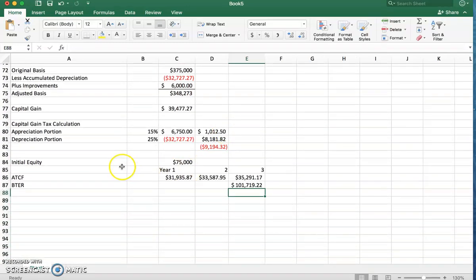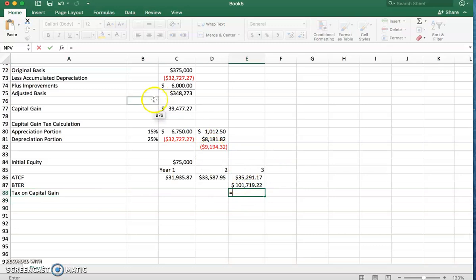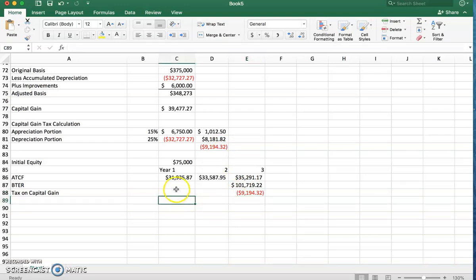And then we need the tax on capital gain. That's from right here as well. That's how much we're getting taxed, and it's already a negative number, that's perfect. So then we're just going to have to do a sum. These are things that only apply to the last year, but we can go ahead and do a sum here.